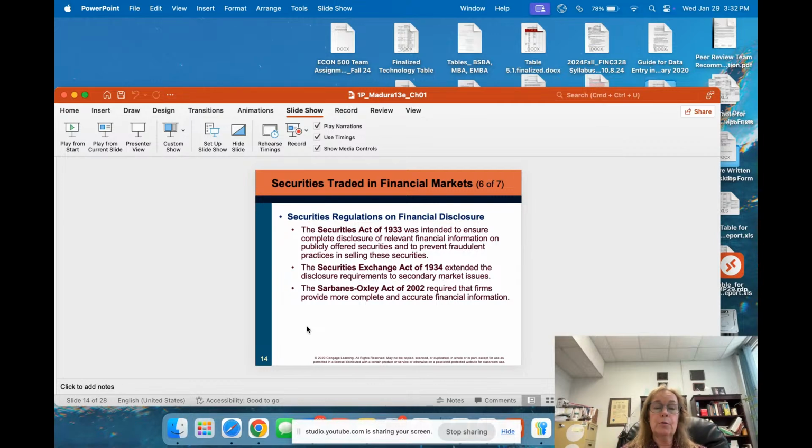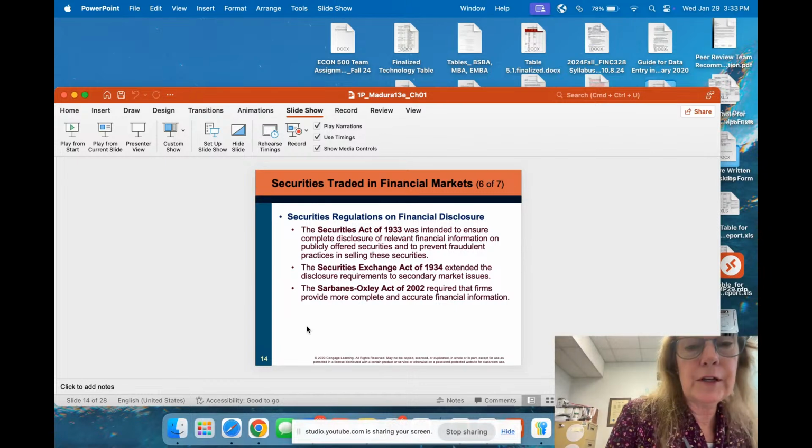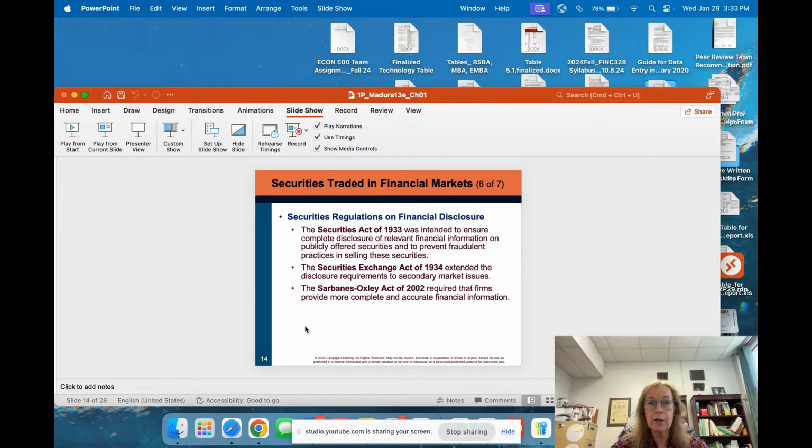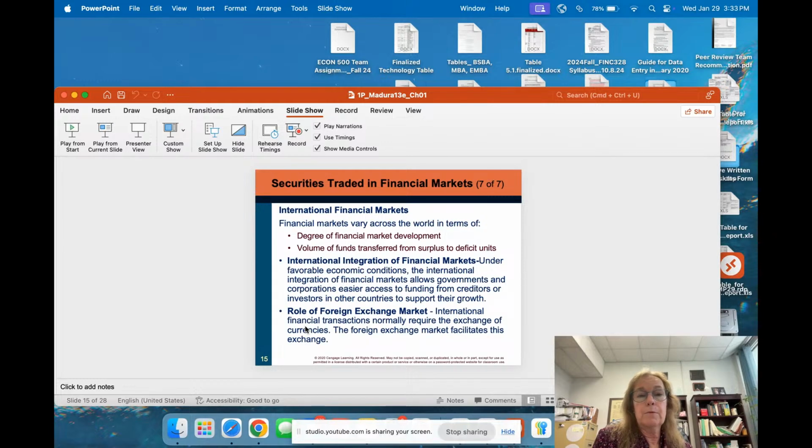The government wants these companies to be transparent, and these financial statements have to be accurate because investors depend on them. If investors didn't think the financial statements were accurate, then they would not invest in the market, and the market would not be around. The market would crash.